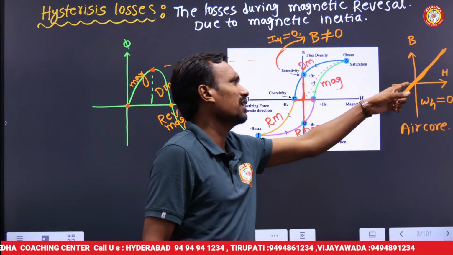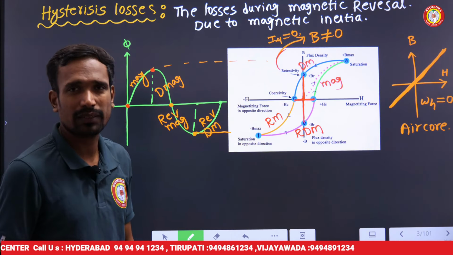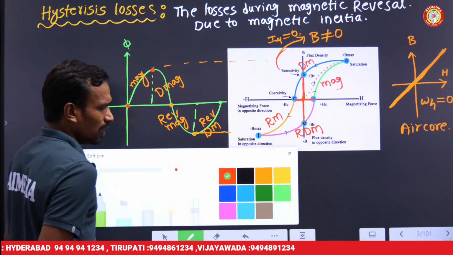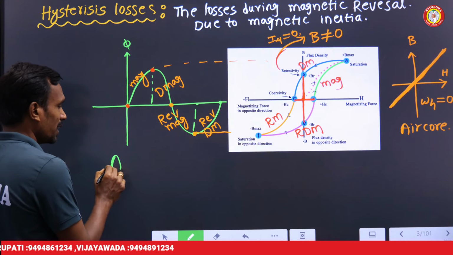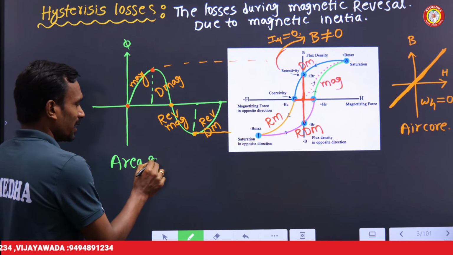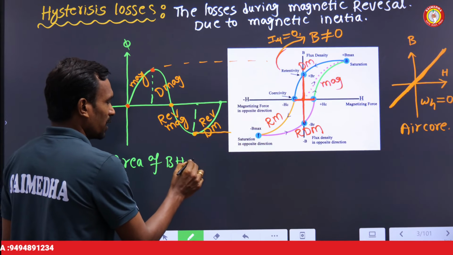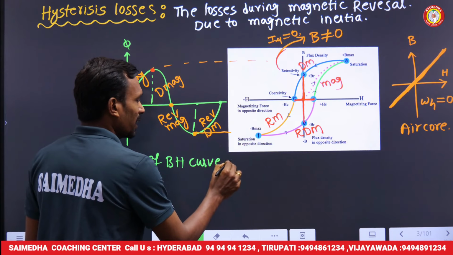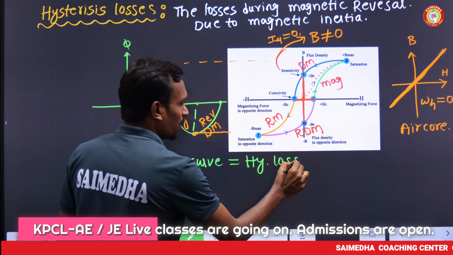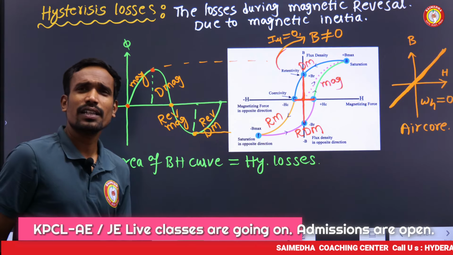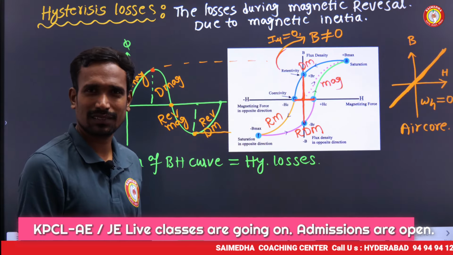The BH curve is linear for an air core transformer. And what are the hysteresis losses from this curve? The area of the BH curve is equal to the hysteresis losses.